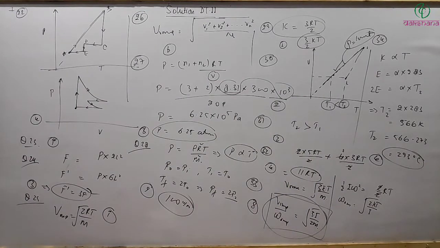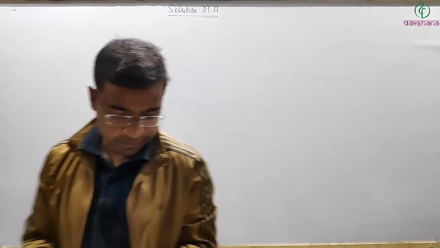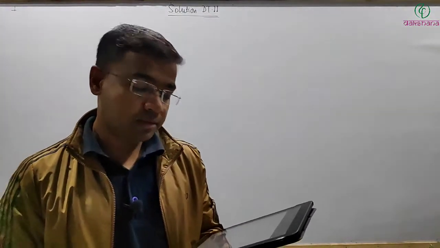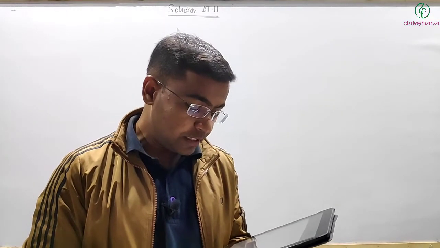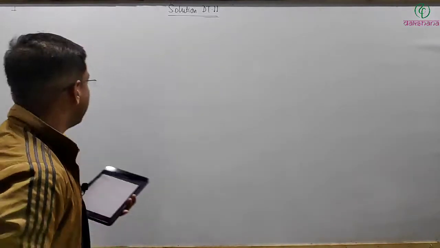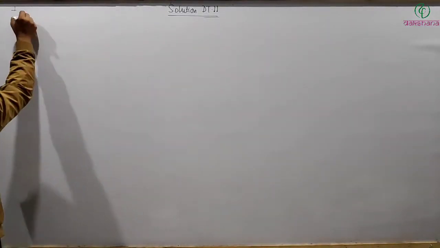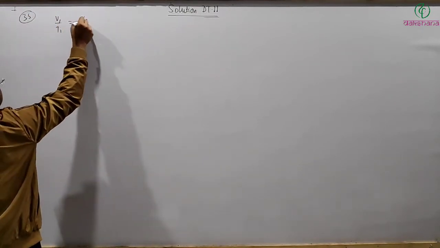Next question number 35. The volume of a certain mass of gas at constant pressure is doubled from its value at 0 degrees Celsius. The temperature of the gas will become. So here, pressure is kept constant, meaning V1 by T1 should be equal to V2 by T2.